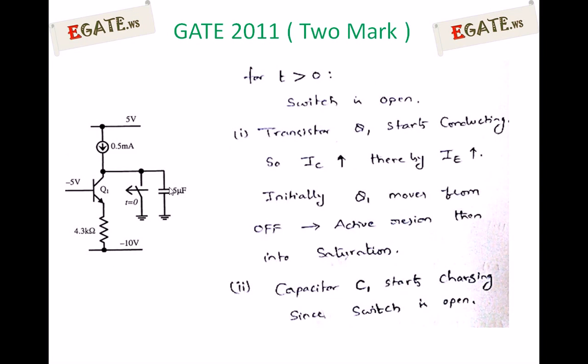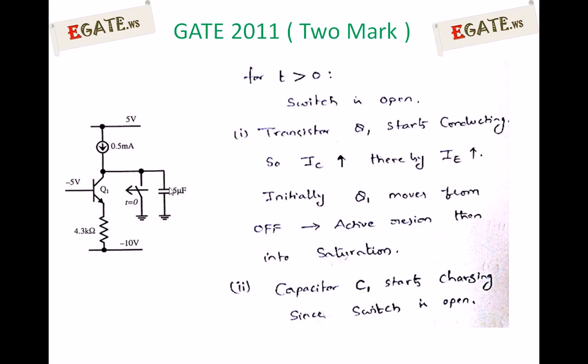When the switch is open, two important things are going to happen. The collector is not at ground now. So the current is going to enter Q1 as well as the 5 microfarad capacitor. First we go with the transistor.